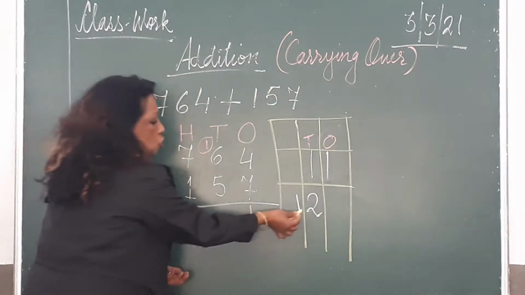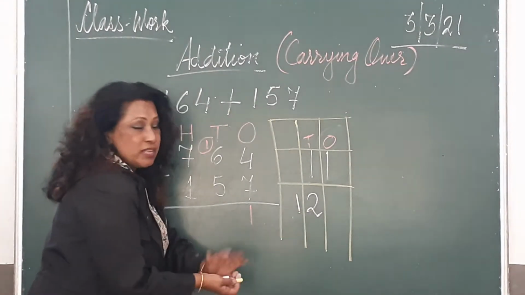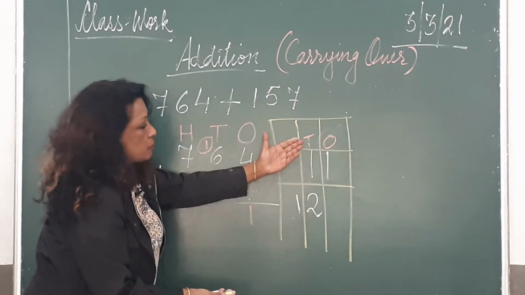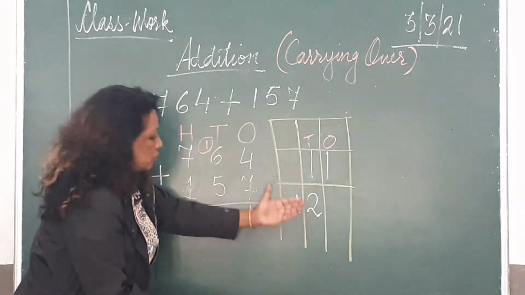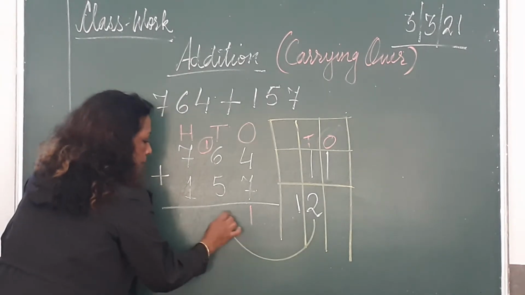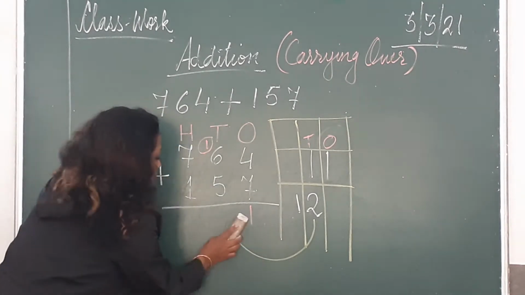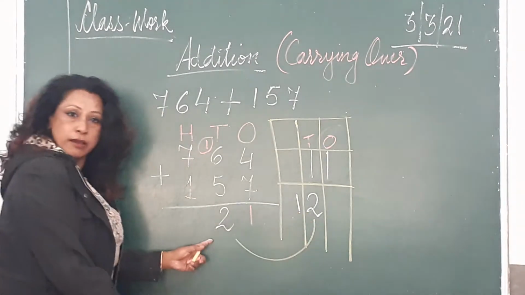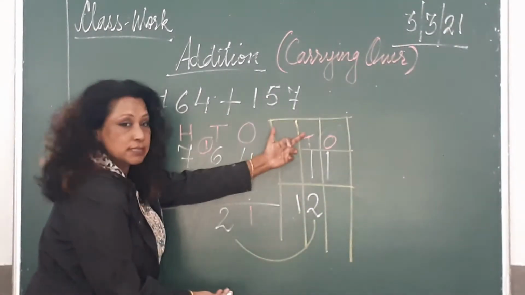Alright? So this number 2, under which place value is this 2? Tens. So this 2 you have to bring here. That is under tens.